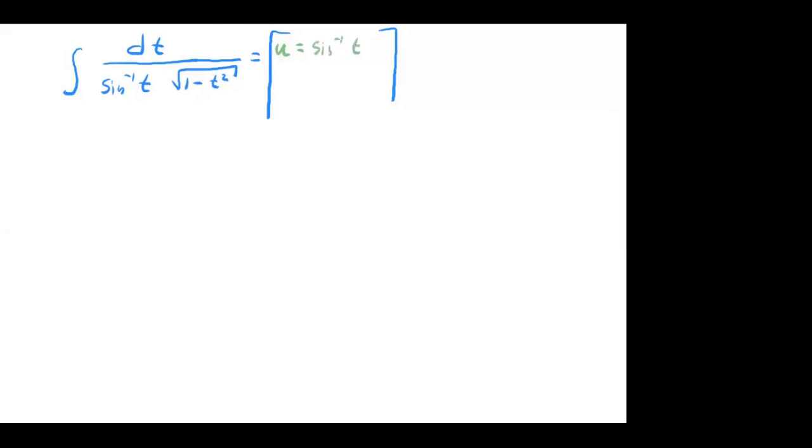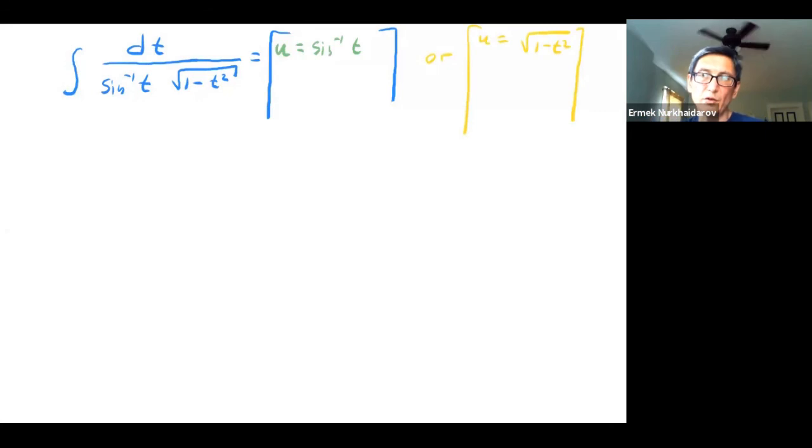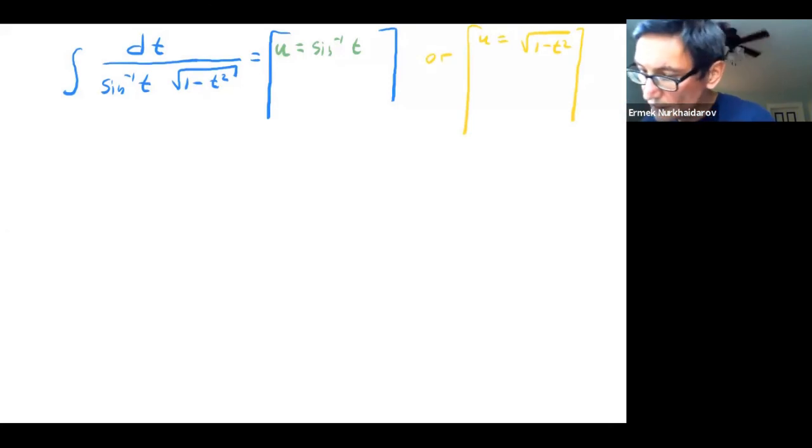But if you're not sure, another opportunity might have been the square root of 1 minus t squared. If you don't succeed with sine inverse, then that's what we want to do. So let's try sine inverse.